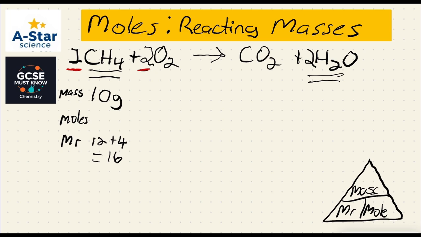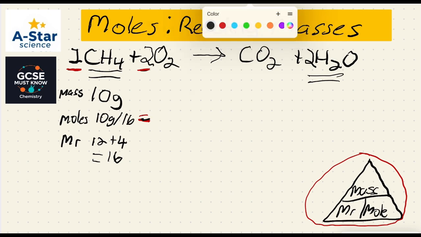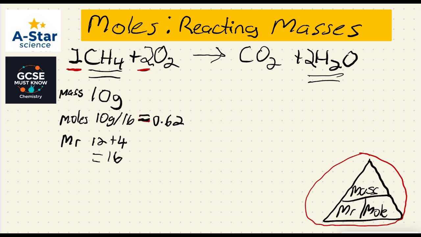And to find the moles, we're going to take the 10 grams divided by the 16, because as we know, moles is mass over MR. So if we now use the calculator, 10 divided by 16, 0.625. Our moles equals 0.625.